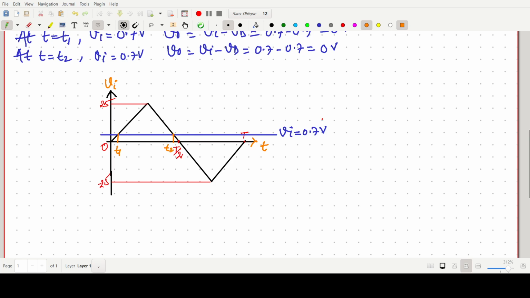Then the output waveform at the middle is at t by 4. Once again I am doing this. So this one is the output waveform.